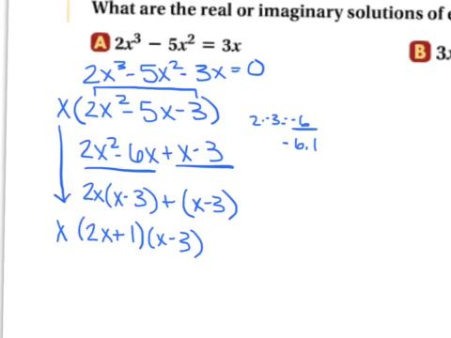From there, you are solving, you are finding the solutions, you are finding the roots, you are finding the zeros. Remember all of those words, roots, solutions, zeros, they all mean the same thing. We have to find our answers. So set each portion of this equal to 0. x equals 0, 2x plus 1 equals 0, and x minus 3 equals 0.